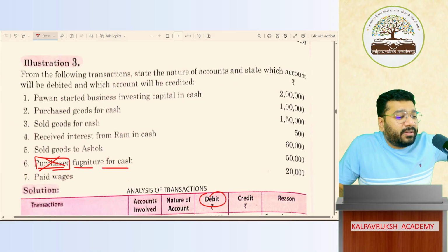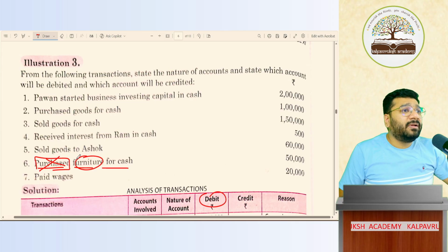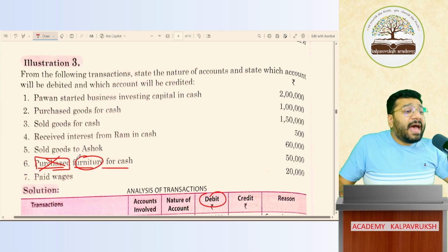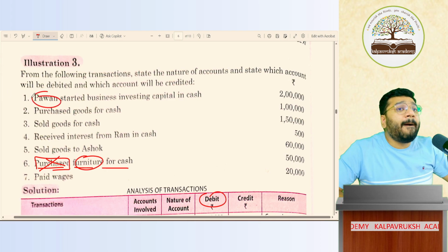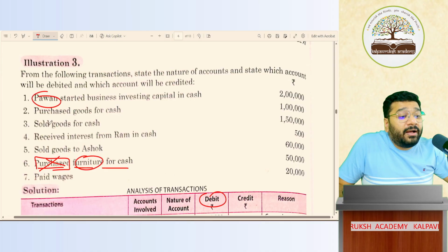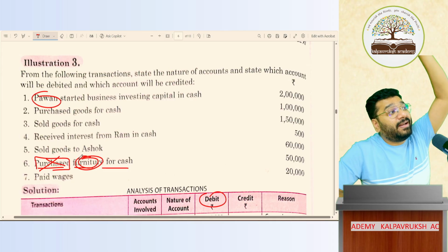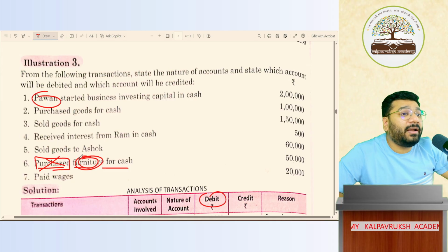Here, the furniture that I'm purchasing, have they told that we are the dealer of the furniture? Am I going to buy and sell the furniture? Anywhere in the beginning of the question did they tell Pavan is a furniture manufacturer or furniture dealer? No. He is going to use the furniture for more than 1 year. So this is asset.